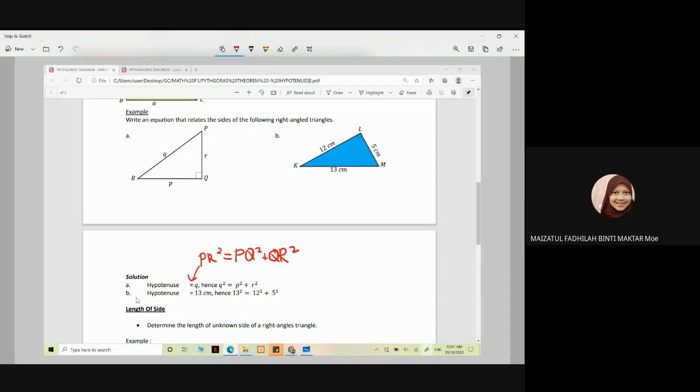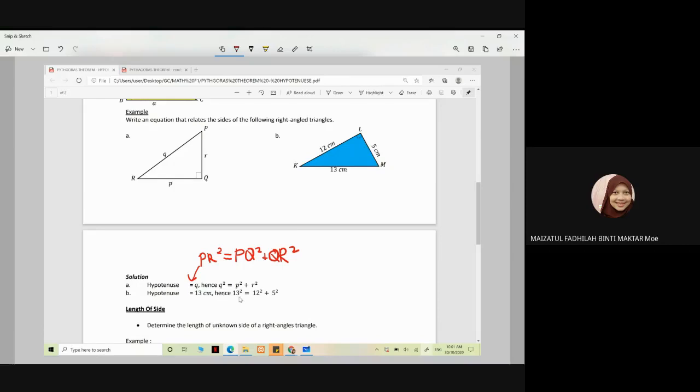Alright, so the next one, example B. They have the value of the length, or you want to use the label like this one. The hypotenuse equals 13 centimeter, because from this one you just see which length is the longest one. You can see the 13 is the longest one.